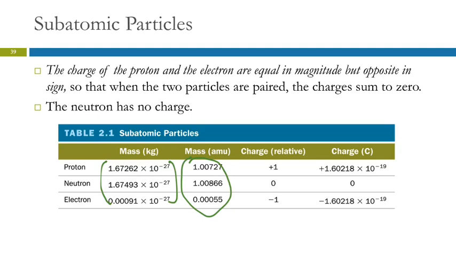You should remember that a proton has a mass of 1 atomic mass unit. A neutron is 1 atomic mass unit. And we can think of an electron as being approximately 0. Electrons do have mass. I didn't know they were Catholic, but they do have mass. But we can usually ignore that.